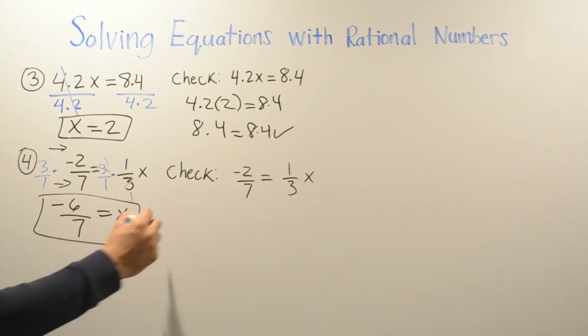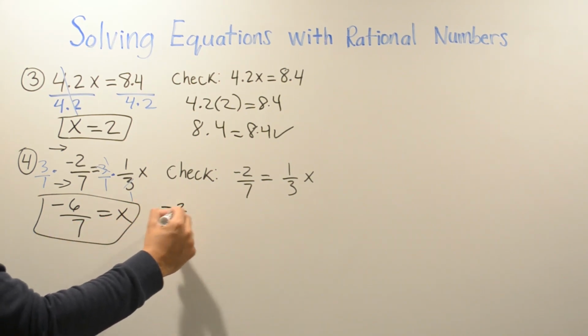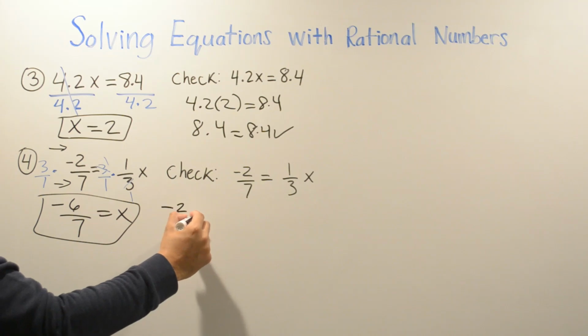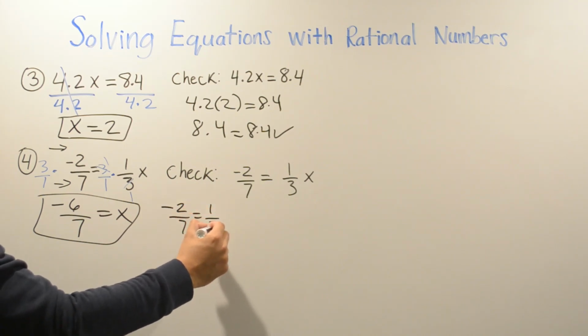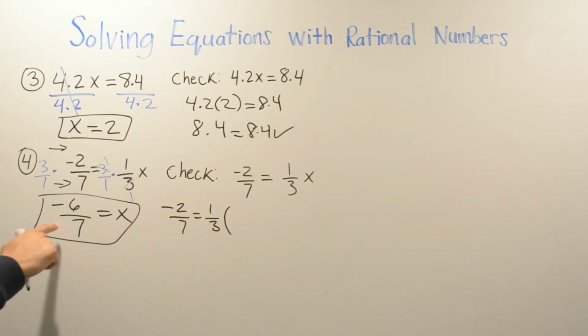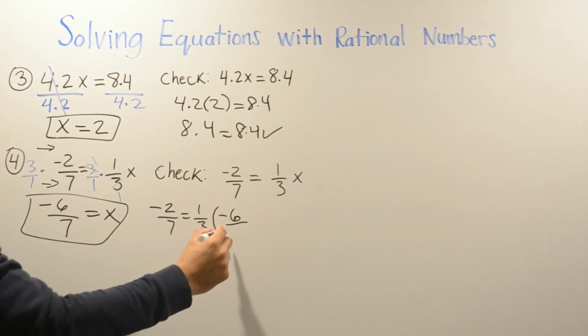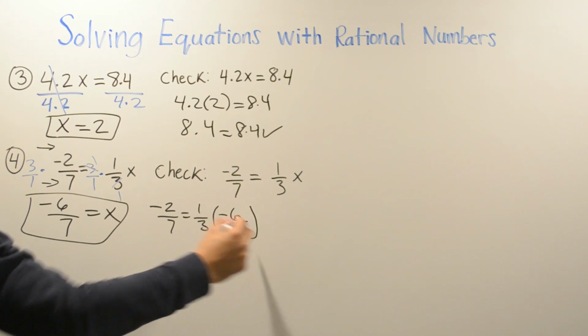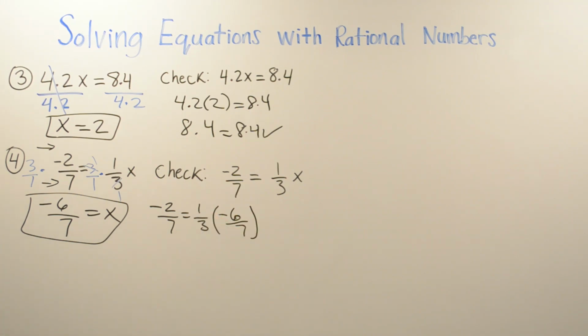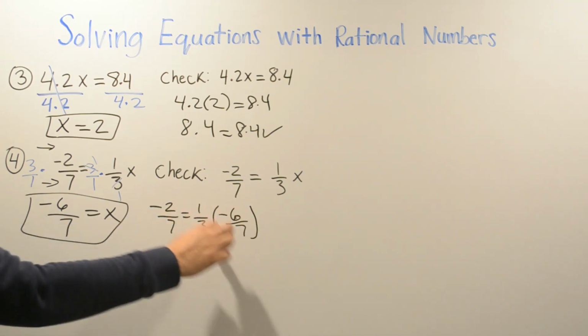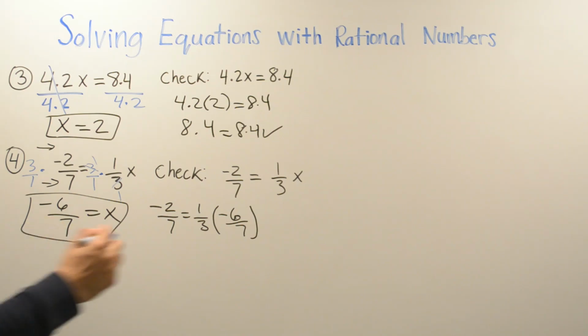Okay, so same thing, we have negative 2 over 7 equals 1/3, and then I'm just going to put what x is, negative 6 over 7. Right away I'm going to simplify because I know I can cross multiply and simplify right here.